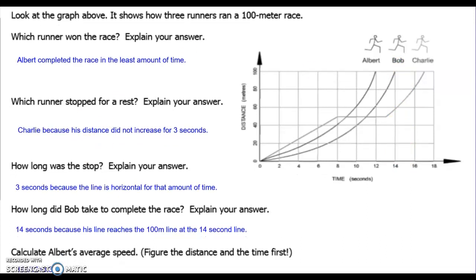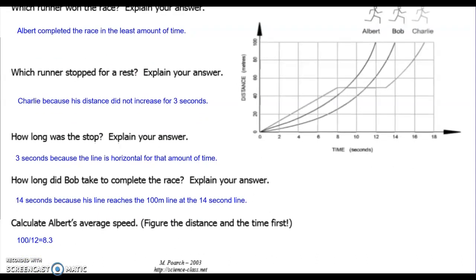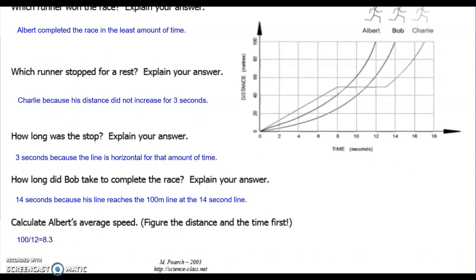And it said calculate Albert's average speed. So we take the 100 meters. I think I said Bob, I'm sorry. Calculate Albert's average speed. So right here, it was the 100 meters, and he finished it in 12 seconds.